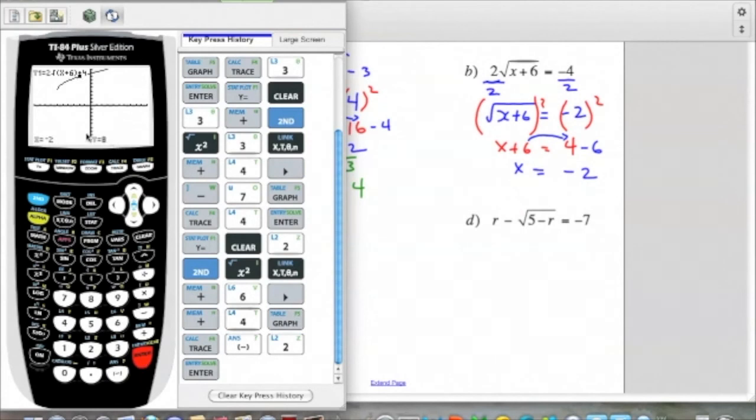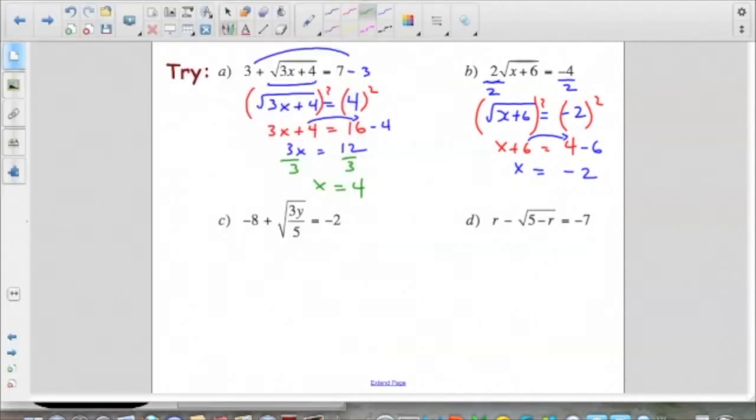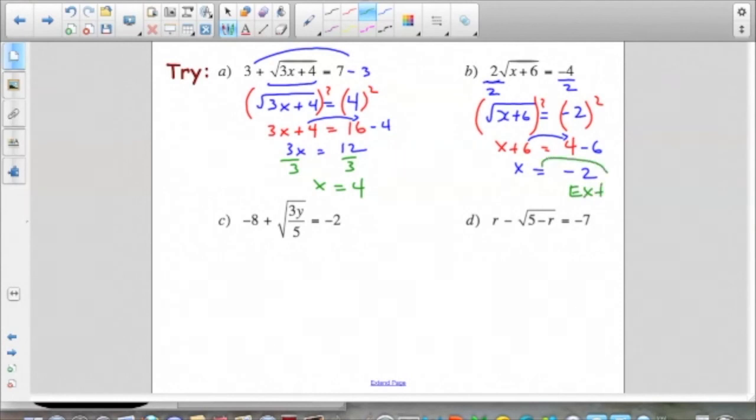And we don't get a 0. If you look there, there is no 0. So this is a prime example of a no solution. So you would say EXT. That is extraneous because it's not a solution.